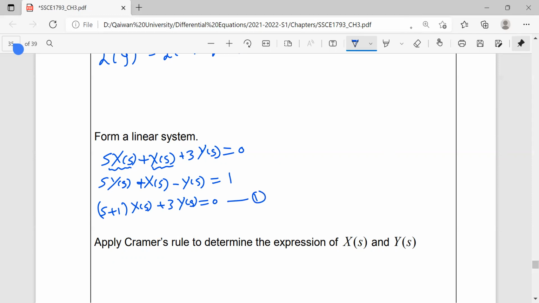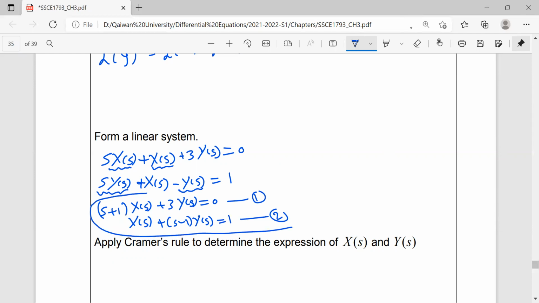For equation 2 we have s y of s and minus y of s, so we get s minus 1 times y of s. Let's write x beneath x. Here we have x of s plus s minus 1 times y of s equals 1. This is equation 2. We work on these two equations.